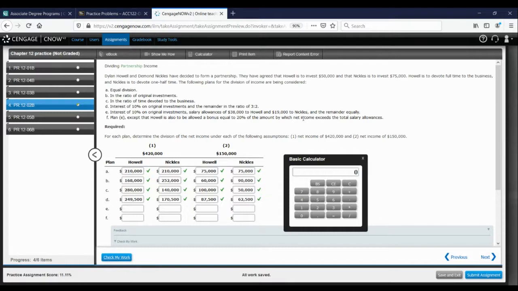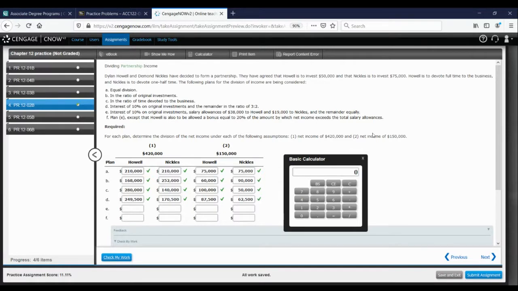Once we get all of our salary allowances combined to find the total allowances, we're going to take the difference between the net income in Part 1 of 420,000 and the total allowances, and we're going to divide those equally. So there's three parts to this that we're having to keep up with.